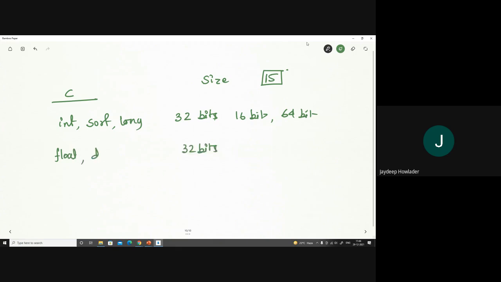Then we have double, which is 64 bits. And we have character, which is 8 bits. These are the standard, or what we sometimes call defined data types. The user cannot define them; it is already hard coded in the compiler. So whenever I declare a variable as an integer, its size is defined as 32 bits. Understand? Get it?